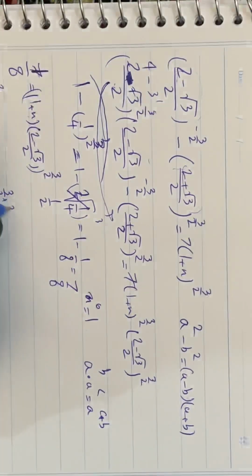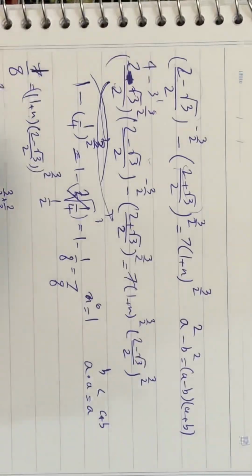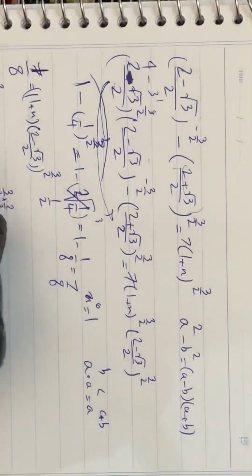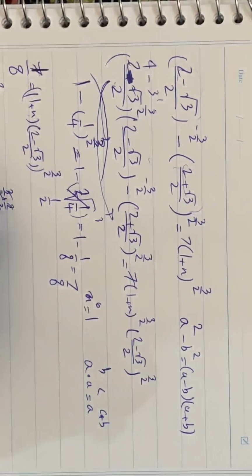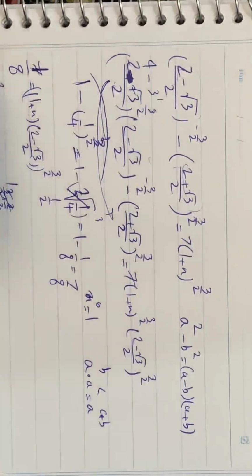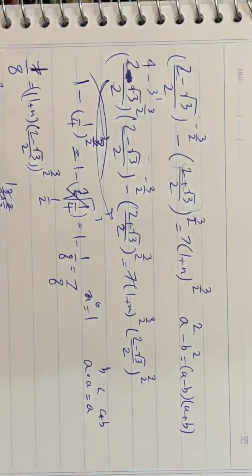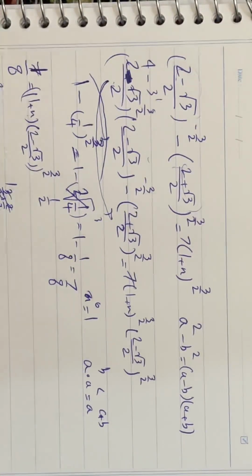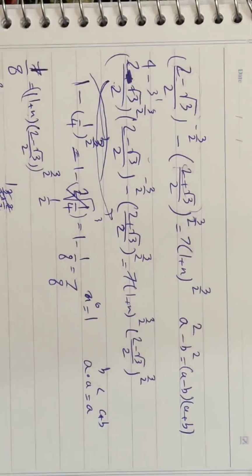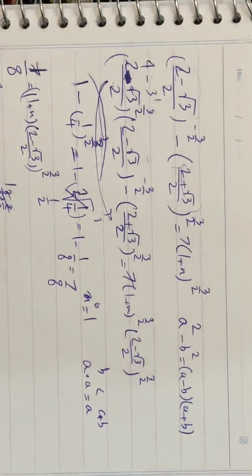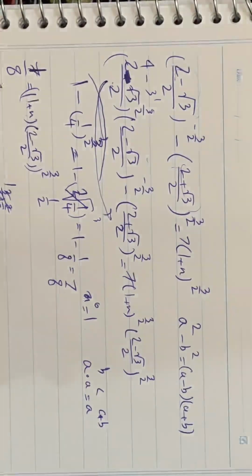I took both sides to the power of 2 over 3. So this will simplify, this will be 1. And here we have the cube root of 1 over 8, and this whole to the power of 2. This would be 1 over 2, and 1 over 2 to the power of 2 is 1 over 4.